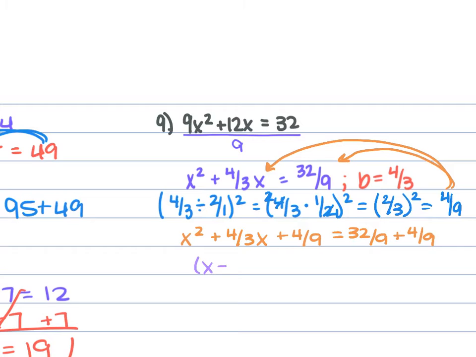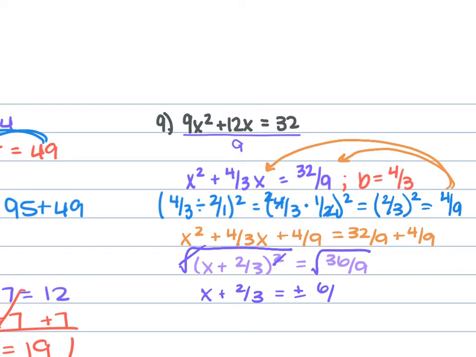So we're going to have x plus 2/3 squared is equal to the 32 plus 4 is 36 over 9. We are going to take the square root of both sides. That cancels out the exponent to where we have x plus 2/3 is equal to plus or minus 6 over 3.